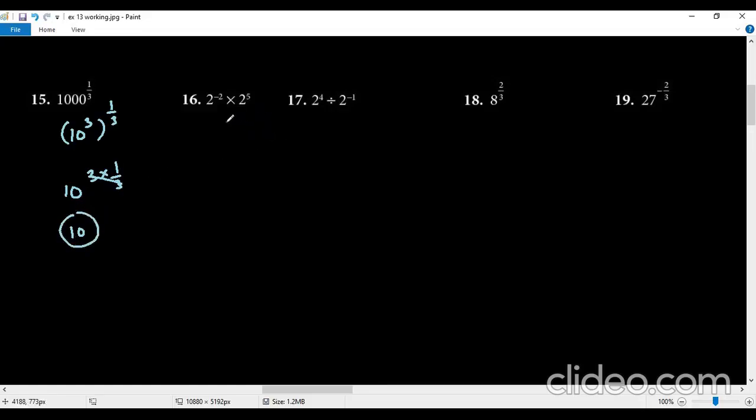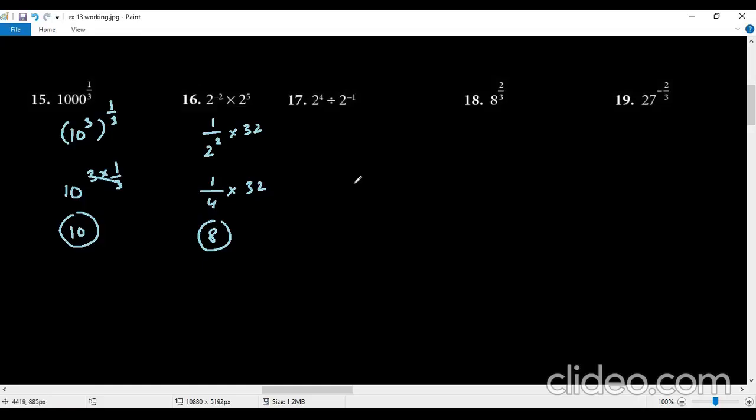This means that it is 1 over 2 square times 2 to the power 5, which is going to be 32. That means 1 over 4 times 32. That means 8 is going to be your answer. This is 32, so 32 divided by 4 is going to give you an 8.